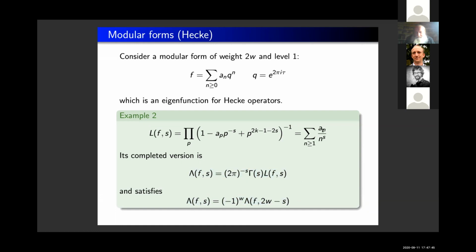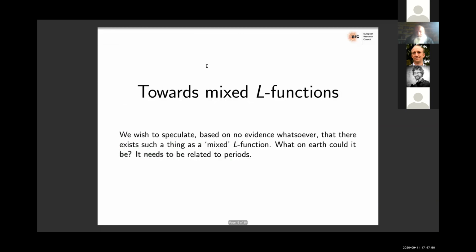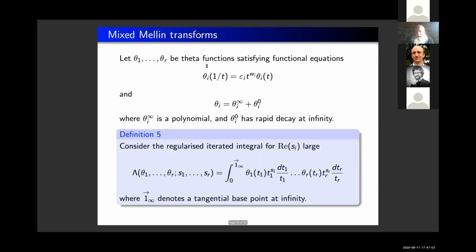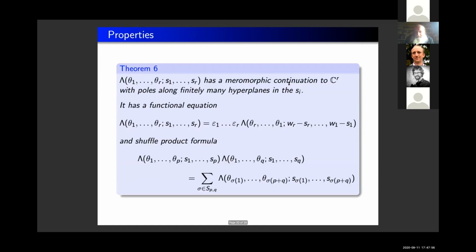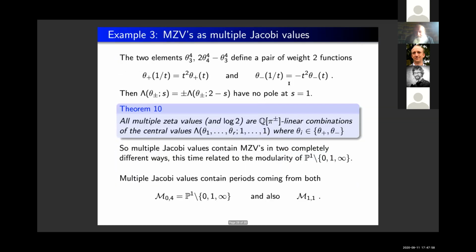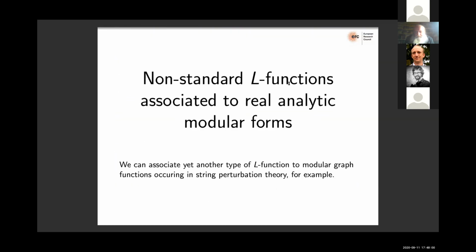And his definition, the recipe to get the function lambda from F was, here it was, basically a Mellin transform. So we can do the same thing, but we can try this with not a holomorphic modular form, but we could try this with a real analytic modular form. Okay, so this is a priori something completely different.